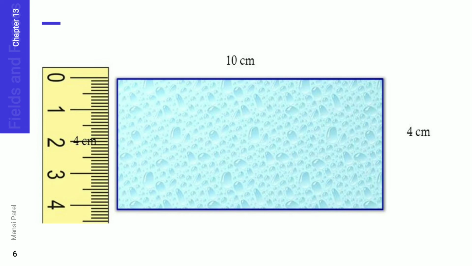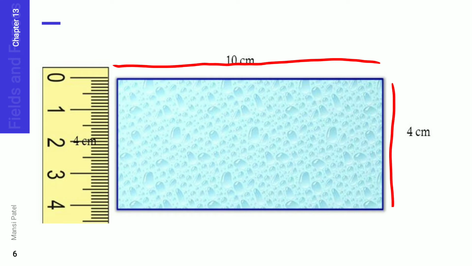See here, this is the size of this rectangle. This is the length of this rectangle and this is the breadth of this rectangle. If you want to measure this breadth, how can you measure it?